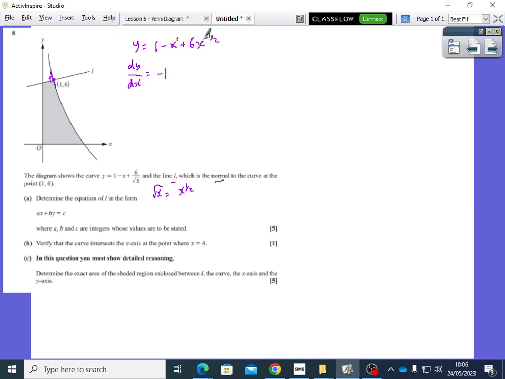Take the power down, which becomes a minus half times 6 is minus 3, and take 1 off the power, which becomes x to the minus 3 over 2. Okay, so now we've got the gradient equation. At any point here, we just need to sub in the x value, which in this case is 1, and it gives you the gradient of the curve.